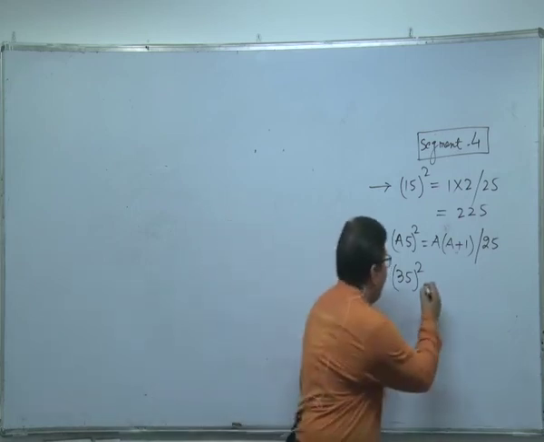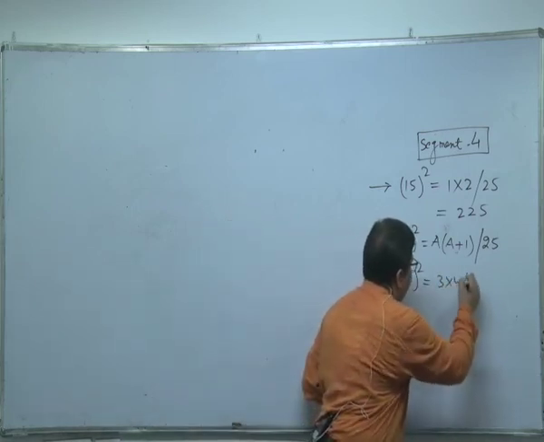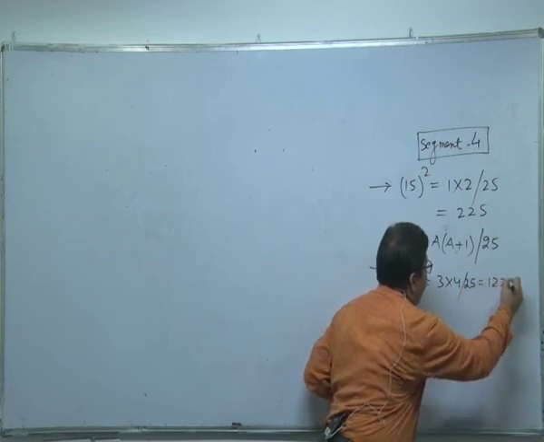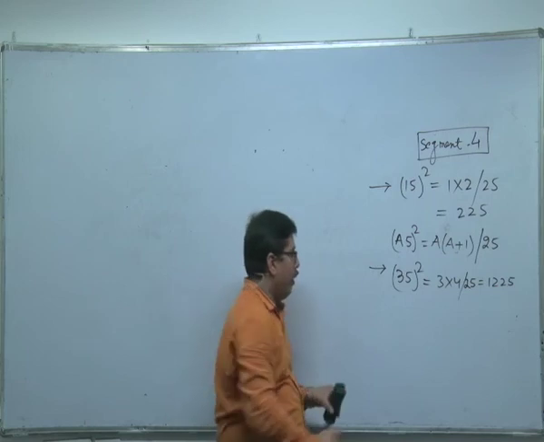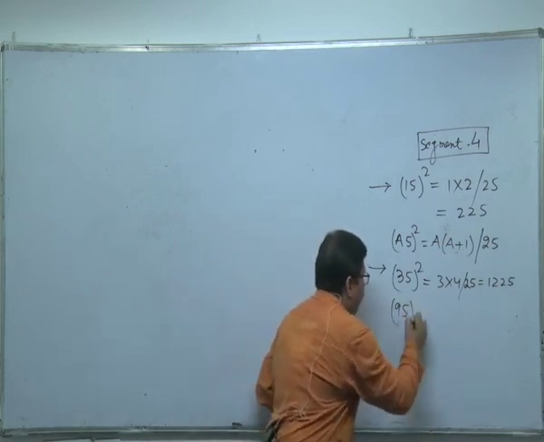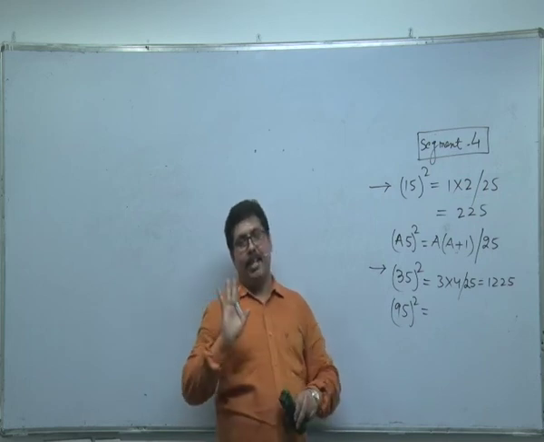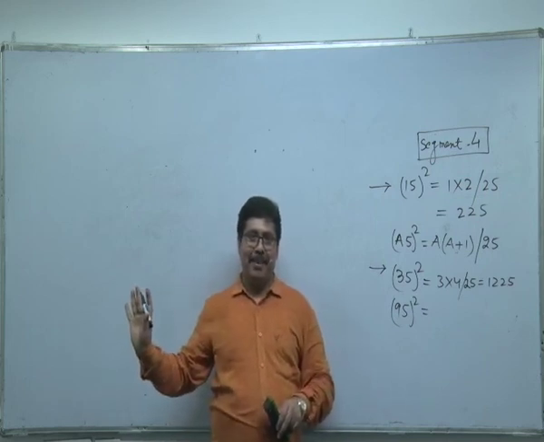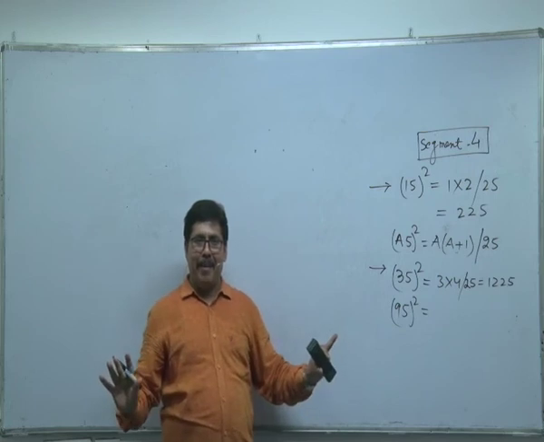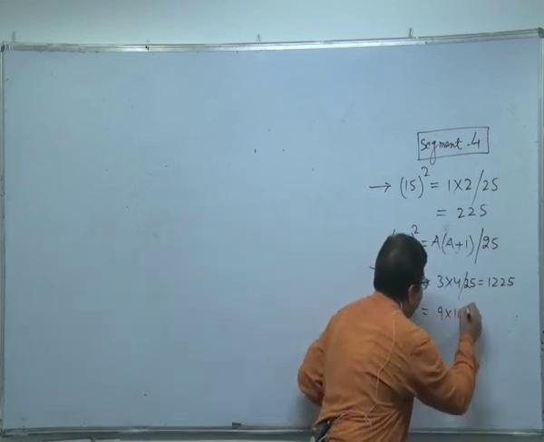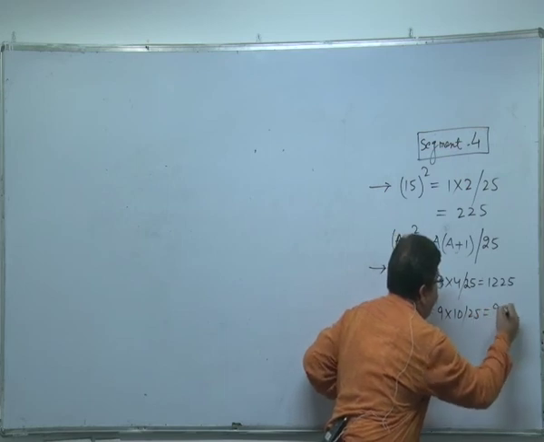Yes or no? 95 square is, yes, 9025. I'm sure this is not more than a 5-second job. 9 into 10, then 25 is 9025.